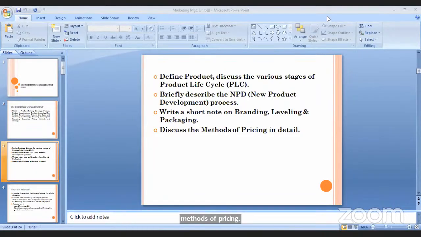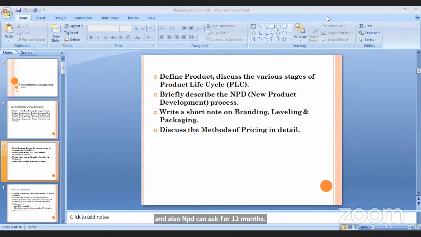As I already told you that every particular unit consists of some questions which carry 12 marks, some question 8 marks, some question 5 marks. Now how to strategically handle these questions is up to you. So PLC can ask for 12 marks, can also ask for 8 marks, and also NPD can ask for 12 marks, can also ask for 8 marks.